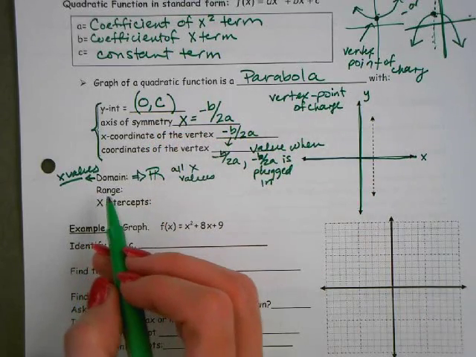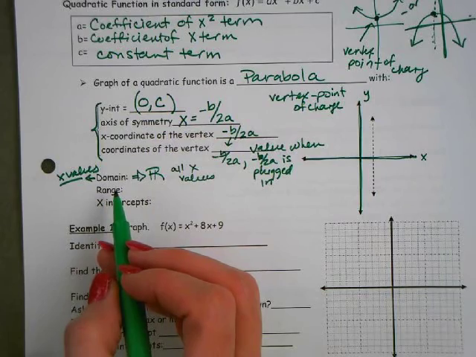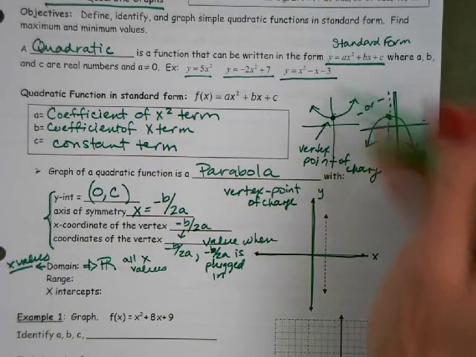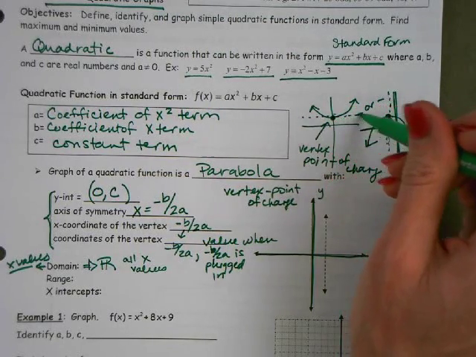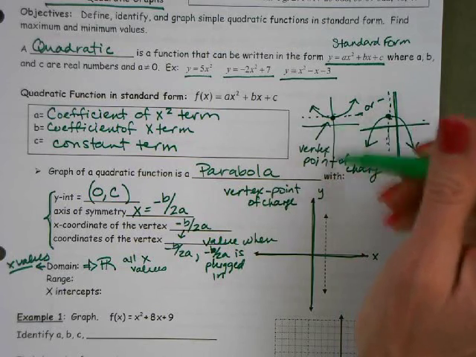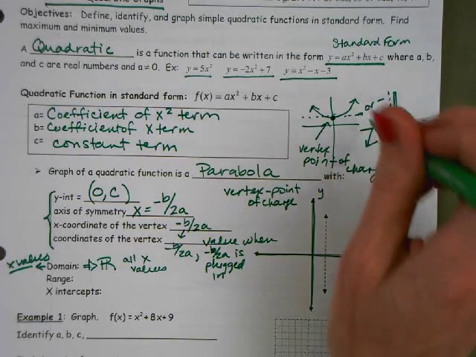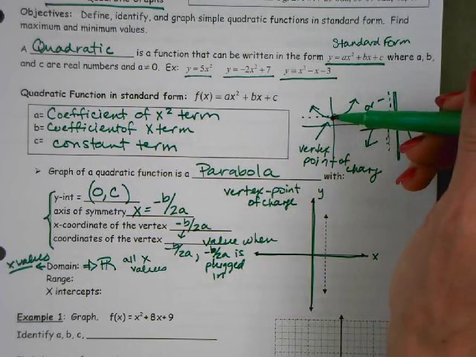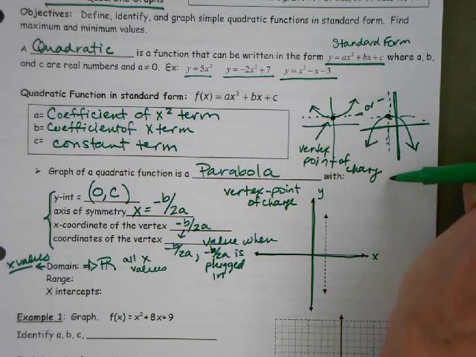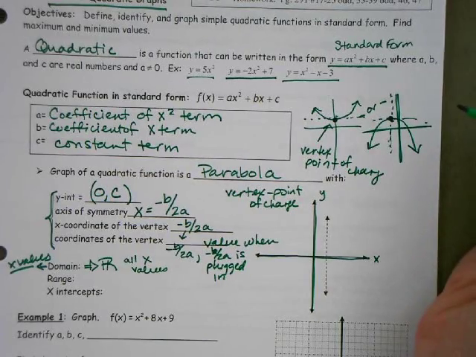Your range, on the other hand, is going to be determined by your vertex. Okay, so your range, if you notice here, is going to be your up and down. Well, where my vertex is, my line will never go below this part, right? And here, it'll never go above. So my range is always going to be my vertex up or my vertex down, depending which way the graph is facing.